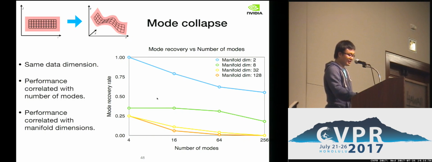We found an interesting behavior. When the manifold dimension is fixed and you have more modes in the data distribution, the recovery rate decreases. So with more modes, it is more difficult to recover all of them. And when the manifold dimension is larger, it also has difficulty recovering the modes.